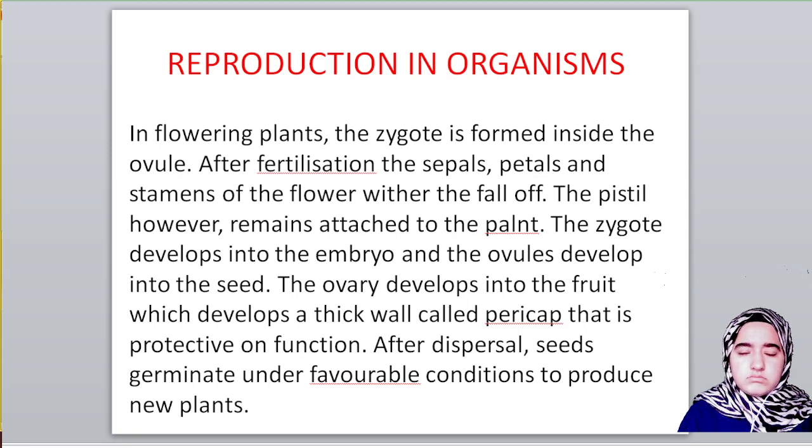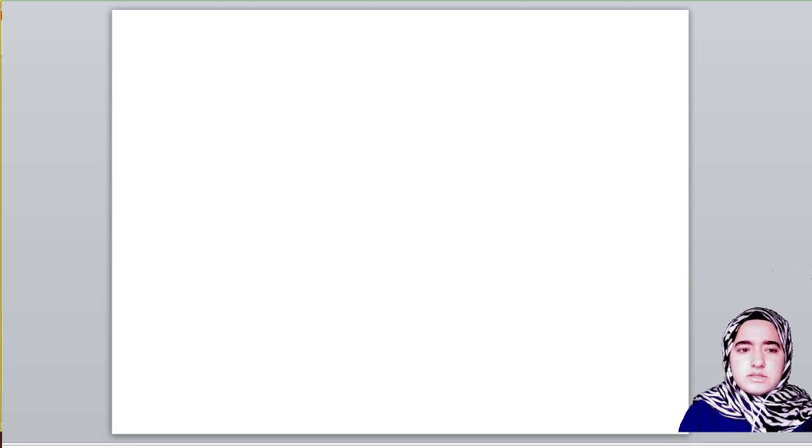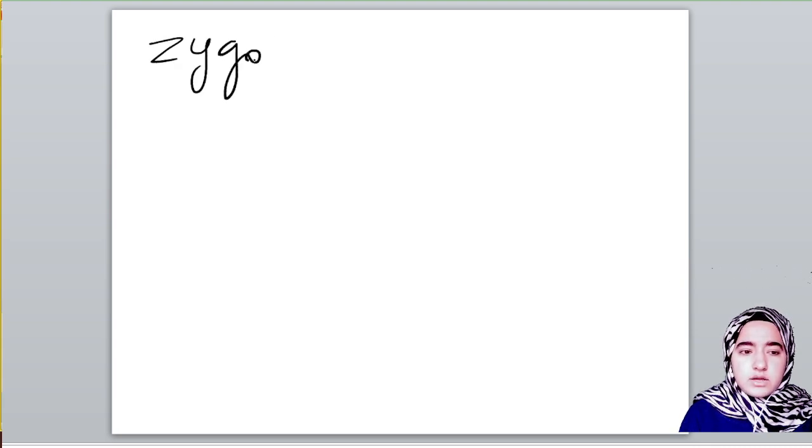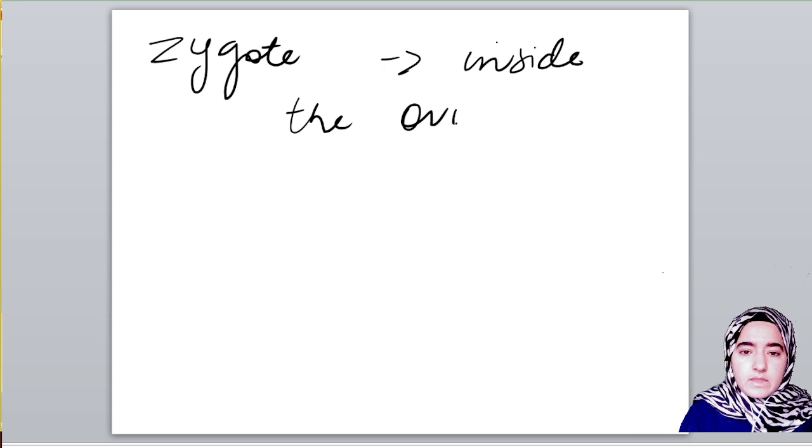And you saw that in flowering plants the zygote is formed inside the ovule, since fertilization takes place there. After fertilization, what will happen?